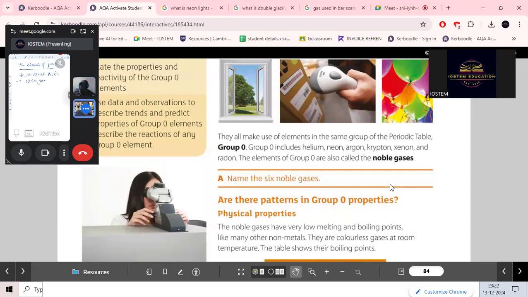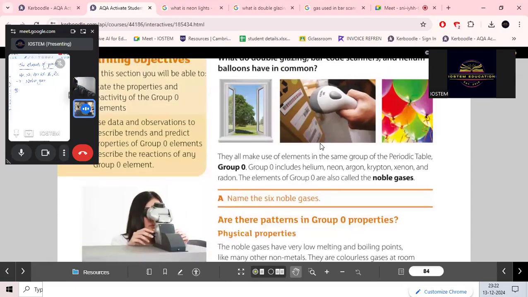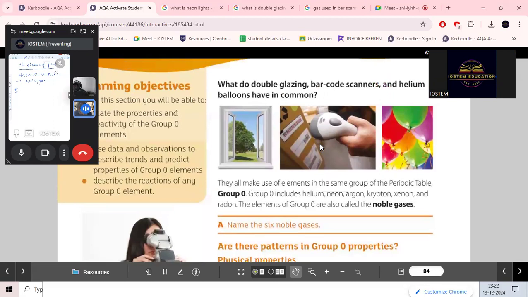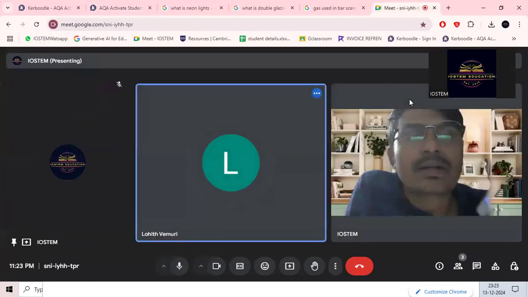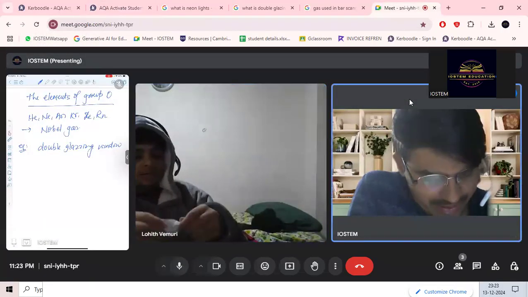Okay. Yeah. So, I have some questions for you. Have you seen a double glazing window in your house? I don't know. Actually, what happened in that window? The double glazing window.